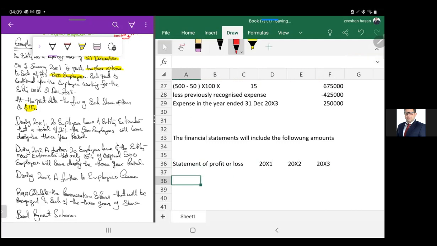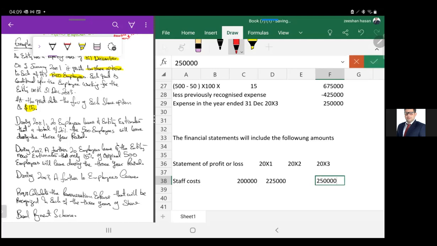We will have staff cost in it: 200,000, 225,000, and finally 250,000.